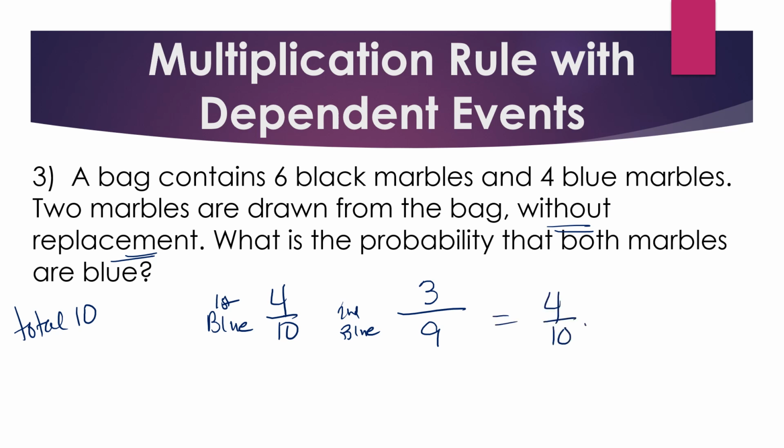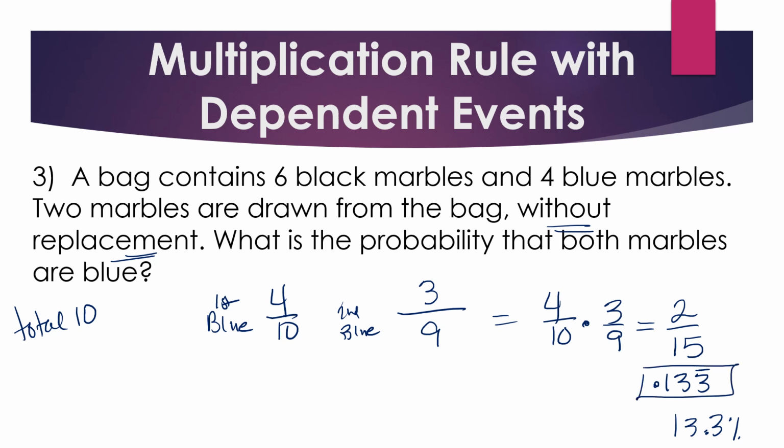So that's 4/10 times 3/9, which you could simplify beforehand, or you can just multiply straight across and reduce to give you 2 out of 15, or a probability of 0.133 repeating, which would be 13.3% chance of the time that that occurs. There you go.